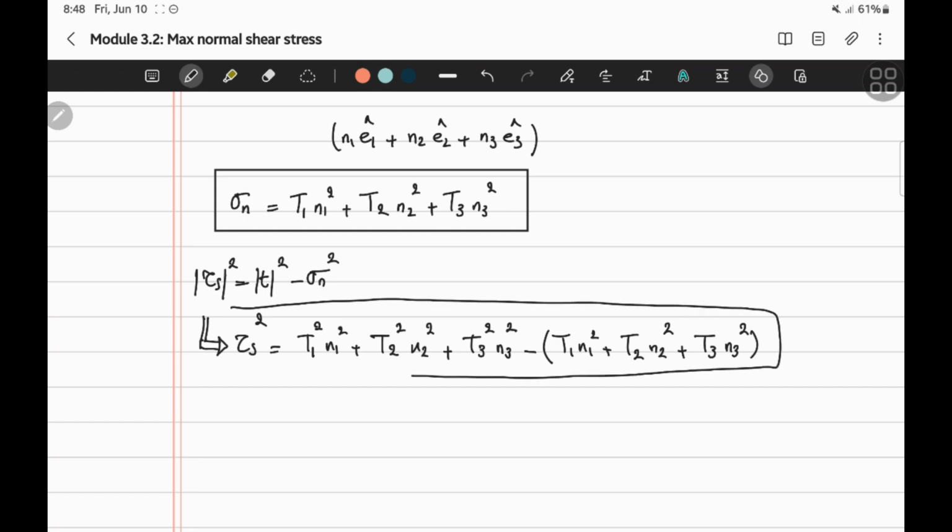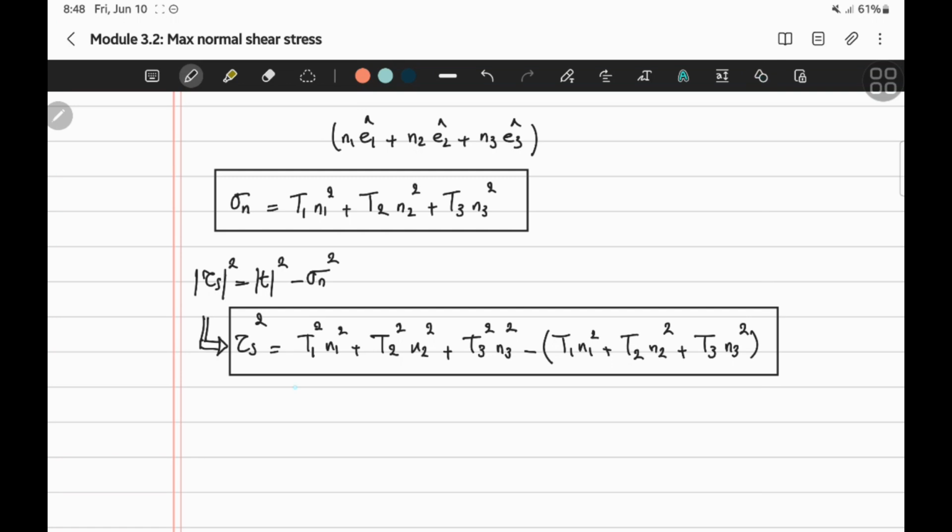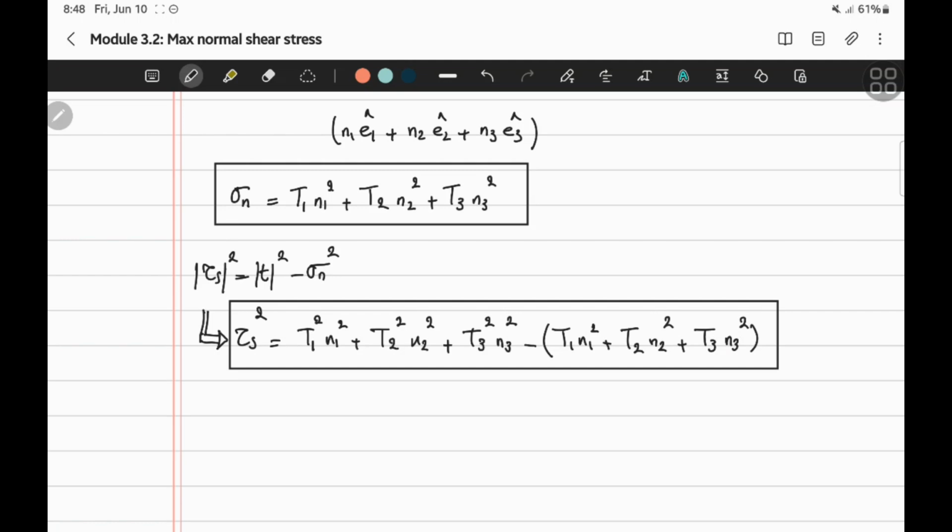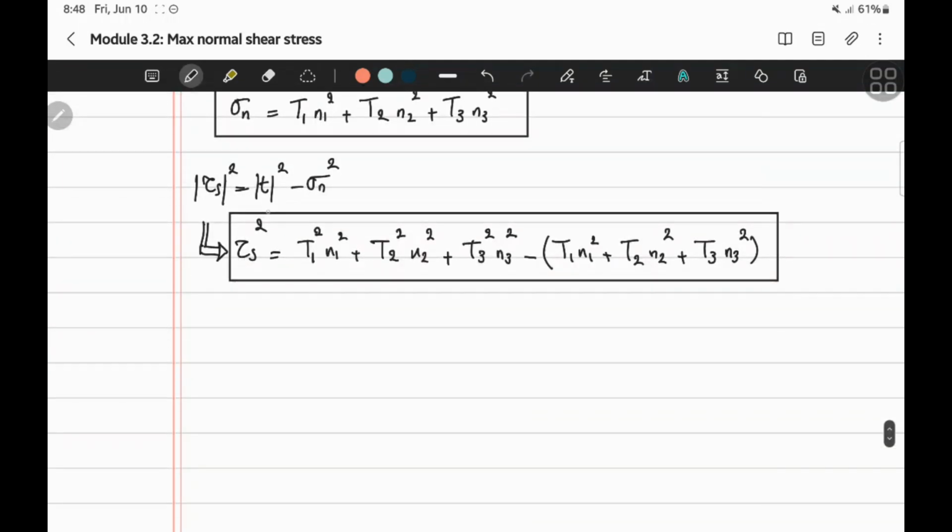This is also important because this is the equation that we are going to deal with throughout the rest of the video. So we have to find the maximum and minimum of the shear stress, this tau s, using this equation.